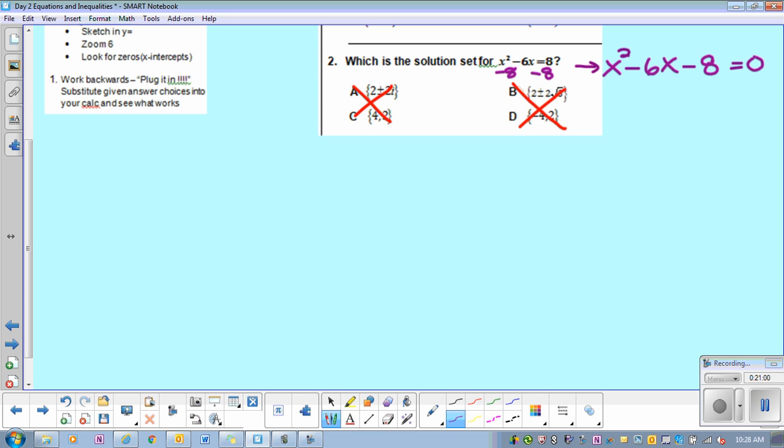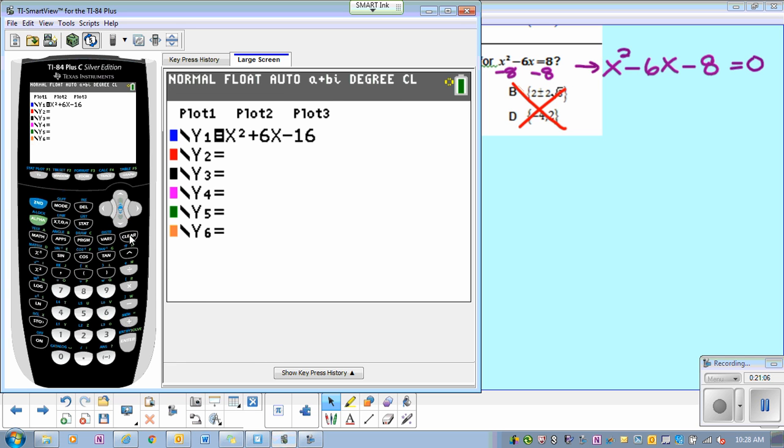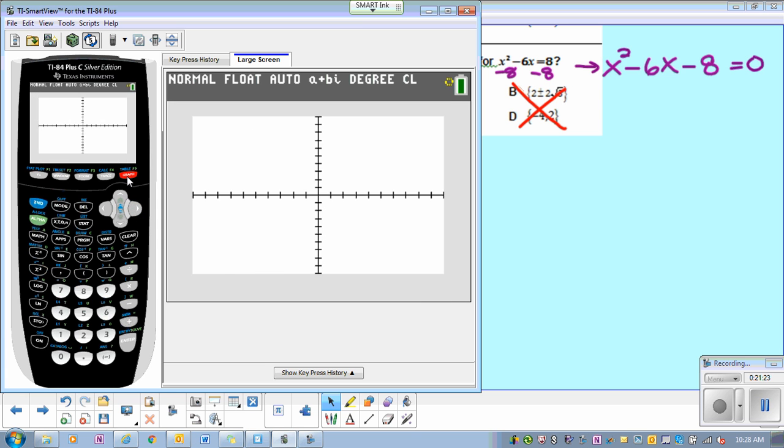All right, so first things first, I'm going to graph it and see if it looks nice and has some nice x-intercepts. X squared minus 6x, oops, that's not squared, minus 8. All right, so if I graph it, you get -1.